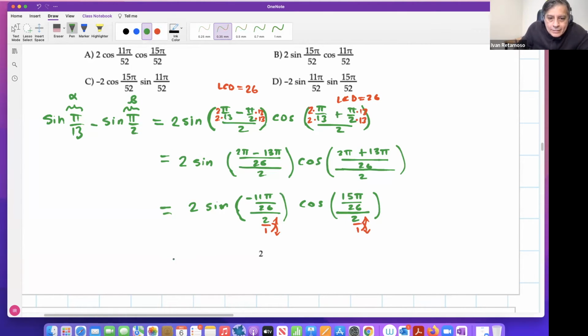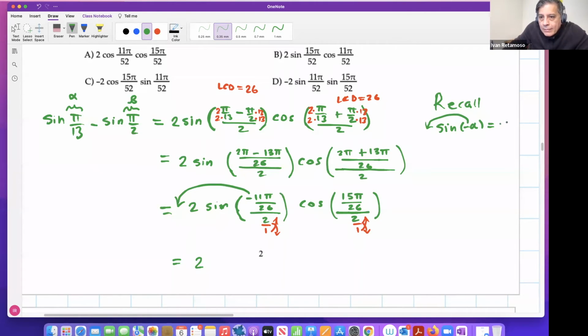So finally, this will become 2 times 1. And also remember, when you deal with sine, recall, sine of minus alpha is equal to minus sine of alpha, right? Minus sine of alpha. So let's take the negative outside once and for all. And we will stay with what? Sine of this guy. Look, multiplying this by 1/2, 1 times 11 pi is just 11 pi, right?